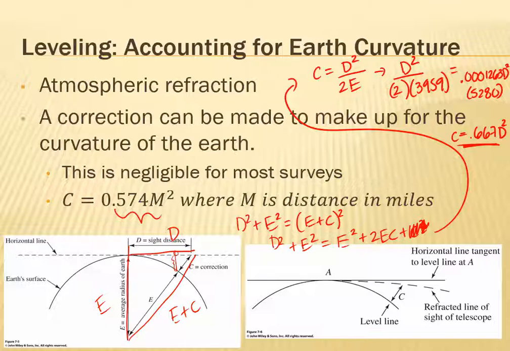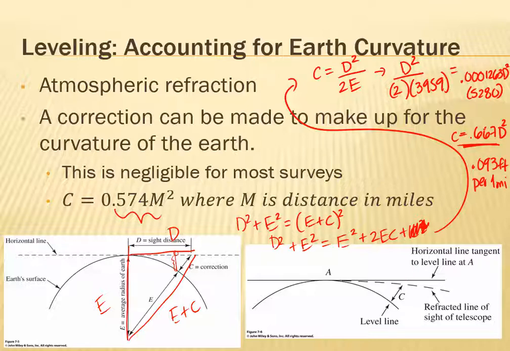On the other hand, we're going to find that there's a variation in refraction of 0.093 feet per 1 mile, but it's in the opposite direction, so the correction has the opposite sign.